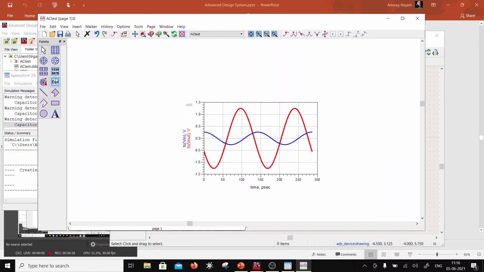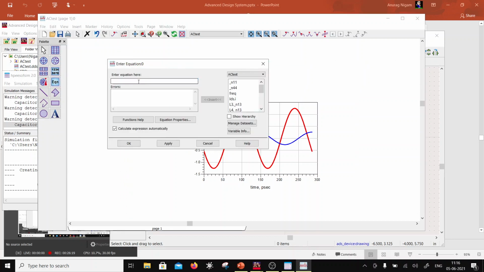I want to put in some more quantities. First of all, I want to put in gain in dB, which will be equal to 20 log 10 of V out into conjugate of I out.